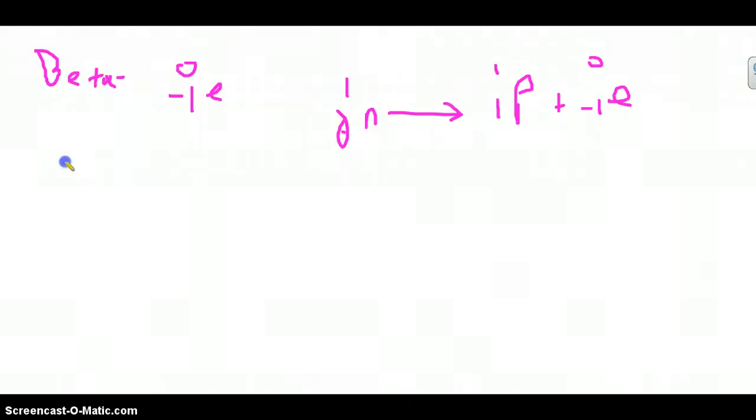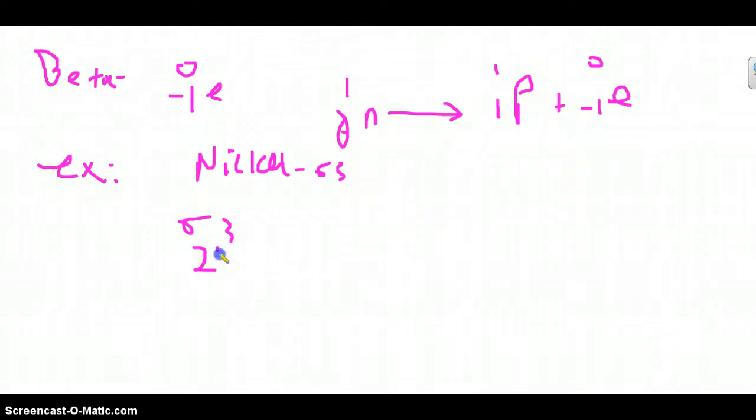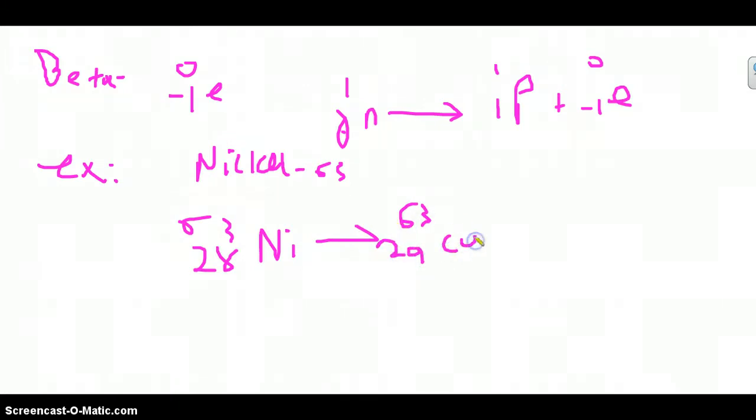And now we can do an example of nickel 63. Again, that's the mass number. So 63 over 28, because that's the atomic number of nickel, yields 63 over 29 copper plus -1 E, right?